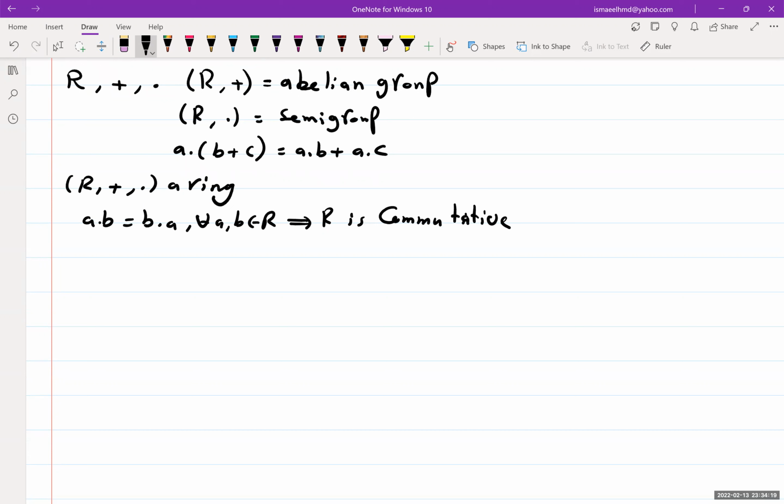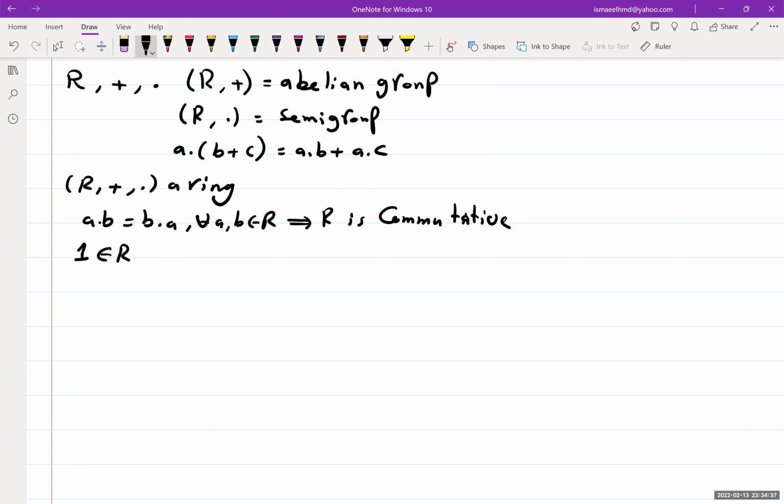We now give some examples. Before that, we say that R is a ring with unity if R has the unit 1.